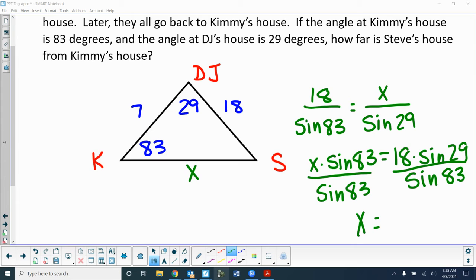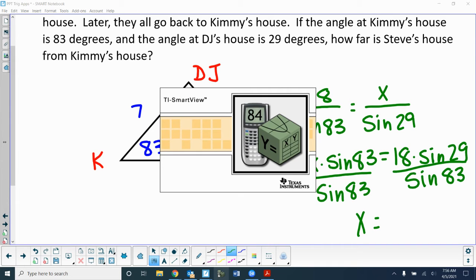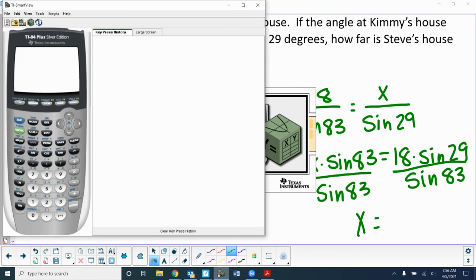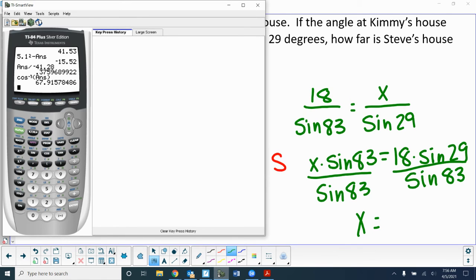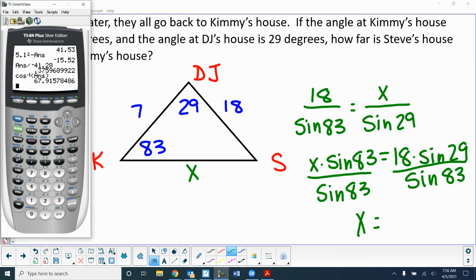So we got to make sure we're in degree mode on our calculator. I should check, sorry, let me clear that out.